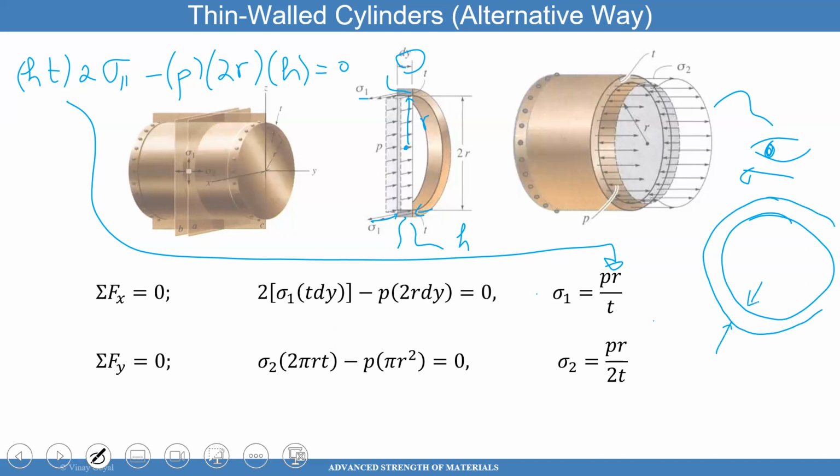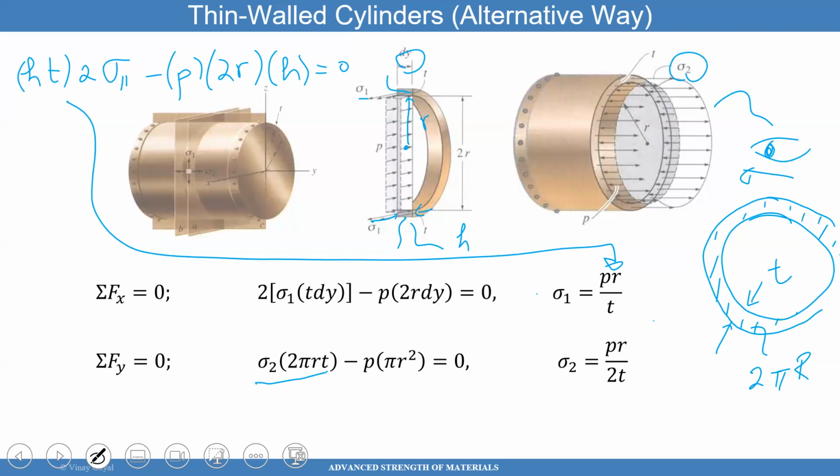This thickness is T, correct? And the perimeter of that is 2 pi r. This stress sigma 2 is acting on that area. The area is approximately equal to 2 pi RT. So sigma 2 times 2 pi RT.